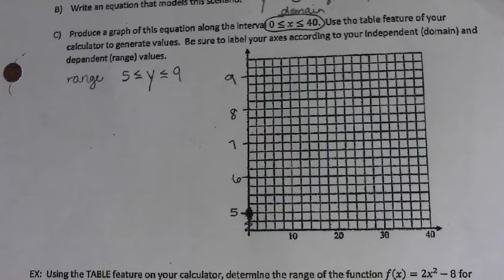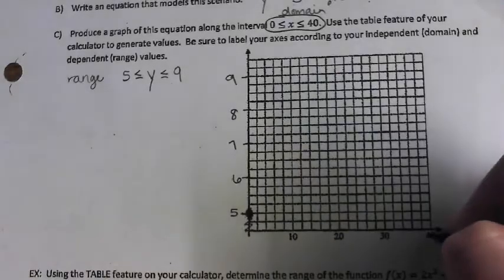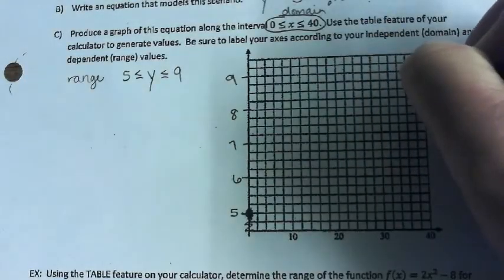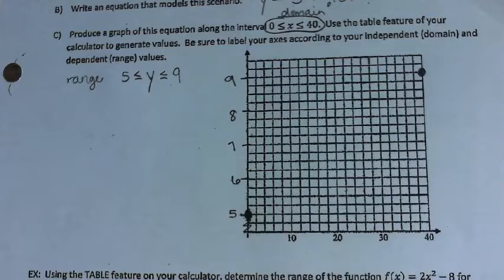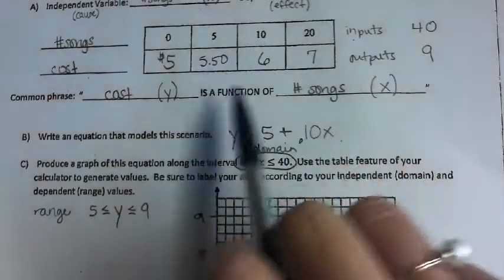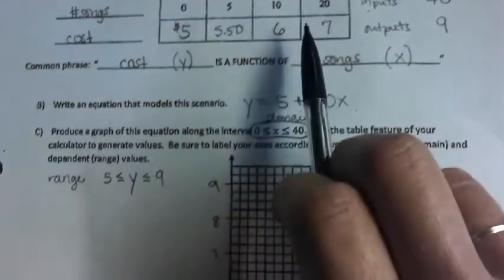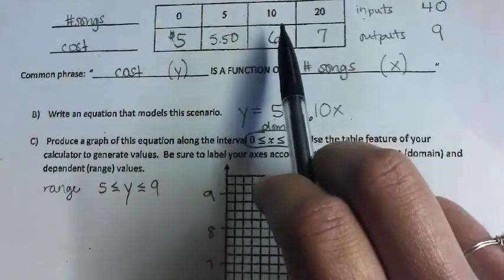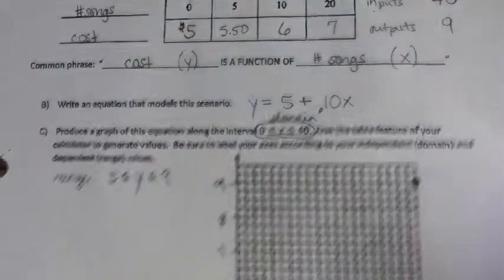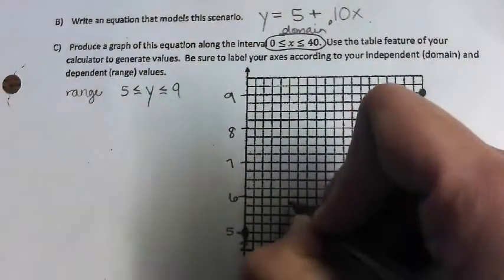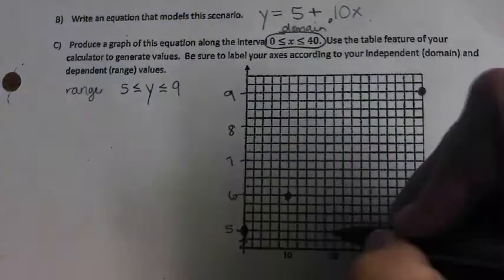And we have an ending point at 40 songs, $9. And you can essentially just connect those with a straight edge. Okay? We did take the time to do some points in between. I'm going to leave 5.50 out of this just because I don't want to deal with the decimal if I don't have to. 10 and 6, if you just want it a little more exact, 20 and 7.